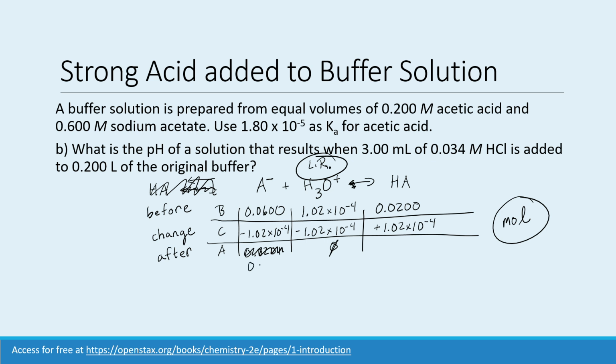Oh, oops, I'm sorry. This becomes, sorry, we subtract it, we get 0.0599. And then we add it to the weak acid, that gives us the 0.0201. Okay, so now we have our moles of weak acid and moles of weak base.